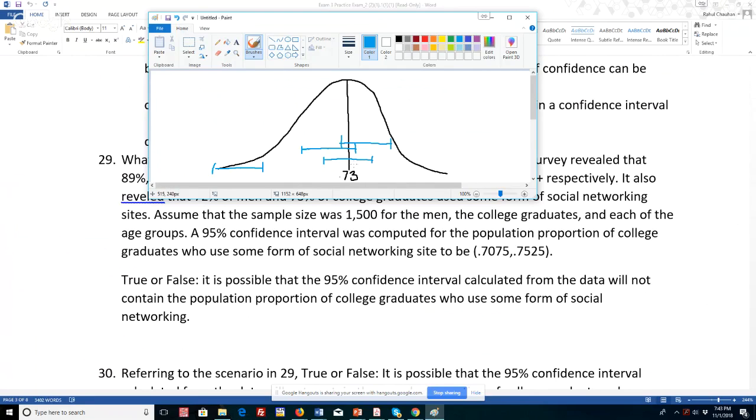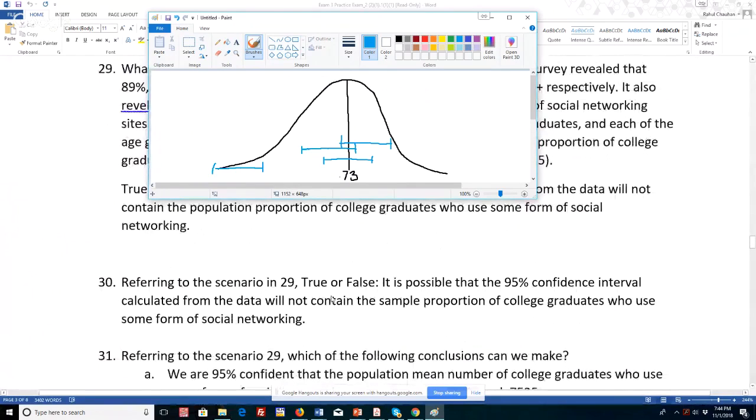It is possible that we could get a sample that's out here in the tail end and we create a confidence interval that does not contain that true population parameter. So this is a true statement here. It's possible 5% of the time we would get an interval that does not contain the true population parameter. And 95% of the time we would get an interval that does contain it. So that's why that answer is true.